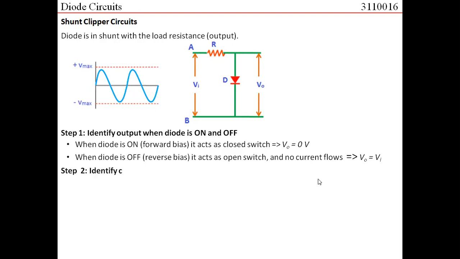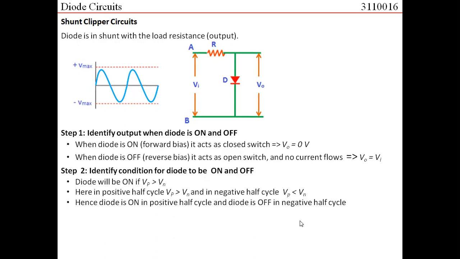Going to step 2. Identify the condition for the diode to be on and off with respect to your input voltage. Again, we understand that the voltages at P terminal should be higher than the voltages at N terminal. So, in the positive half cycle, A would be positive, B would be negative, and hence the voltages on P terminal would be higher compared to the voltages at N terminal.